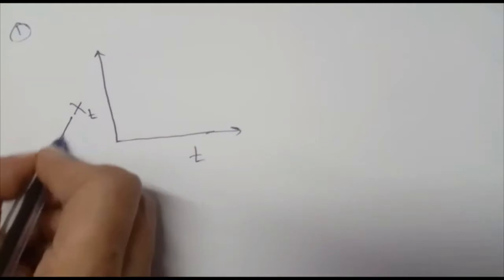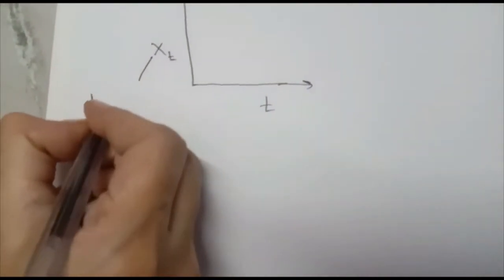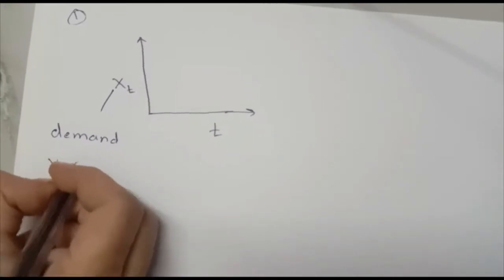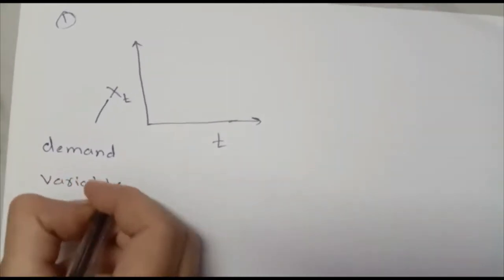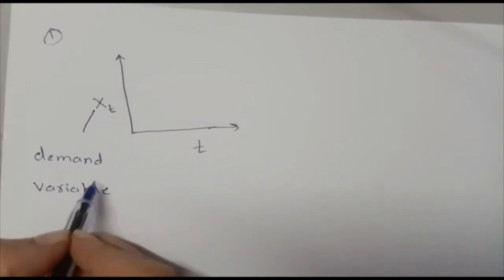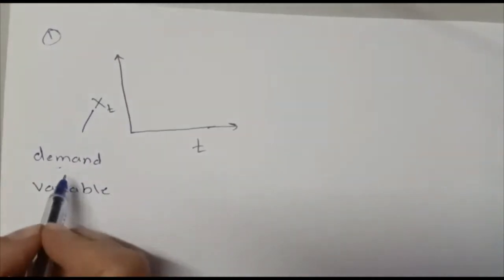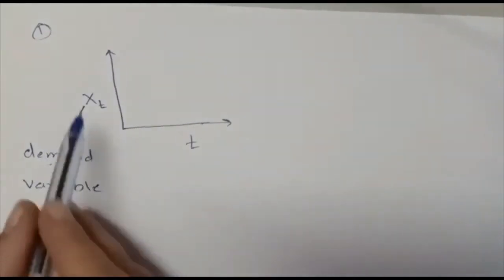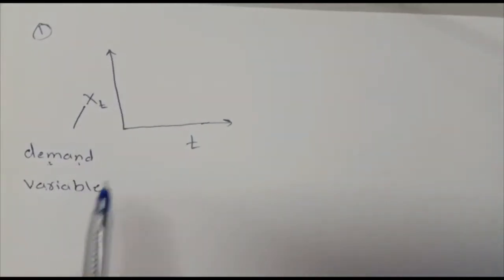Let's say x is your demand variable. Why are we taking x as a demand variable? Why are we not taking x as a sales variable? Because we are talking about demand forecasting. So let's say x is your demand variable.